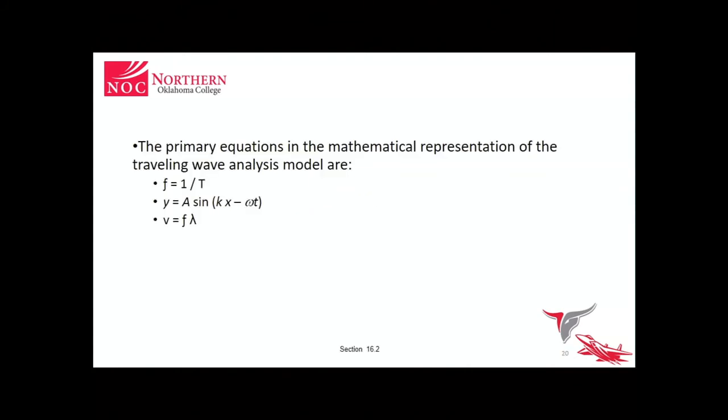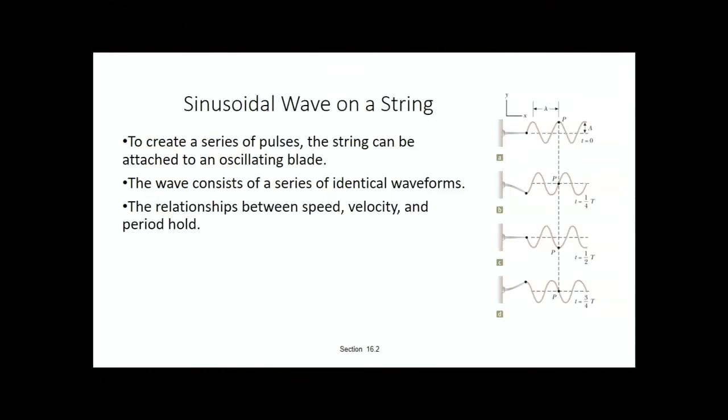So we can see the same types of wave equations. So when we do sinusoidal waves on a string, we're going to have to do some sort of driver, something that's going to actually drive us. And it'll give us our consistent waveforms as we get it pulsing through.